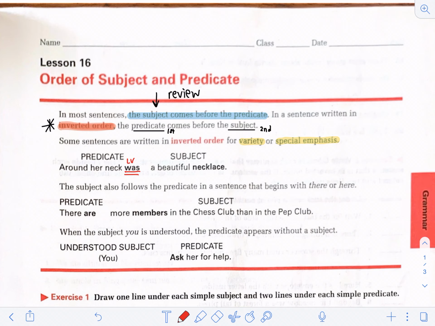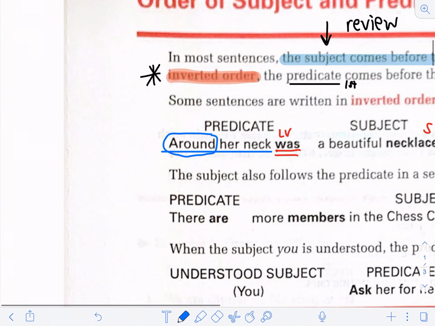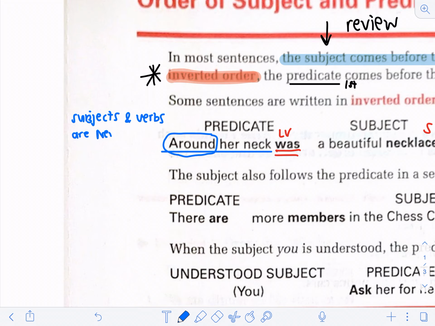Now, the reason that we know that this is the subject, a lot of students would put neck as the subject, but I am going to circle this prepositional phrase in blue, and we've been in past lessons reminding ourselves subjects and verbs are never found in a prepositional phrase.